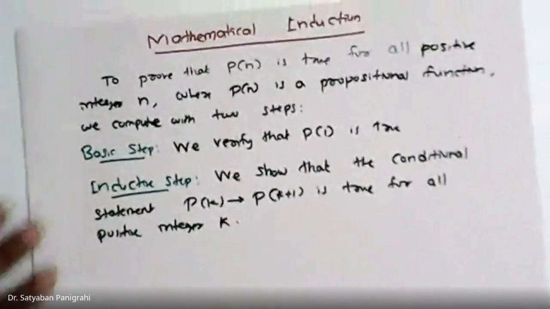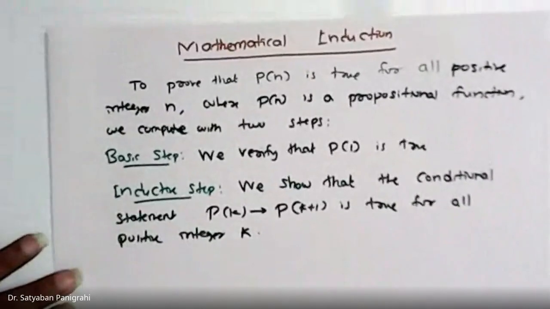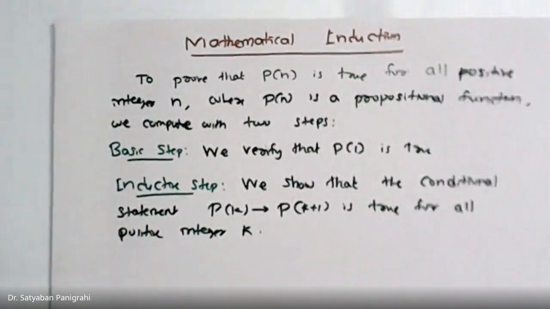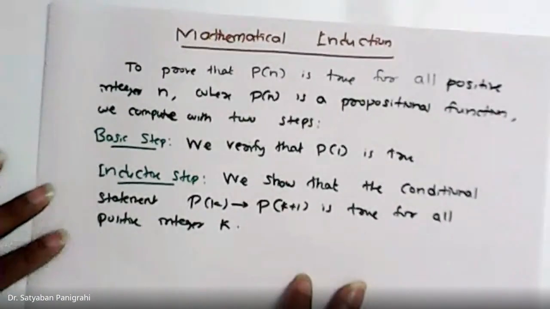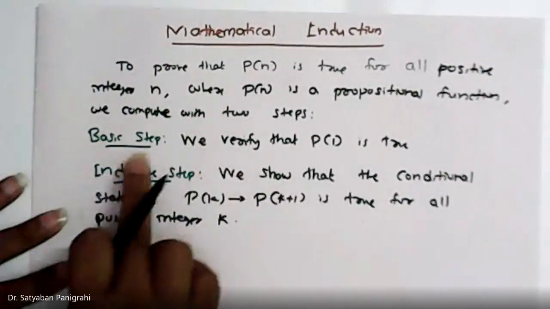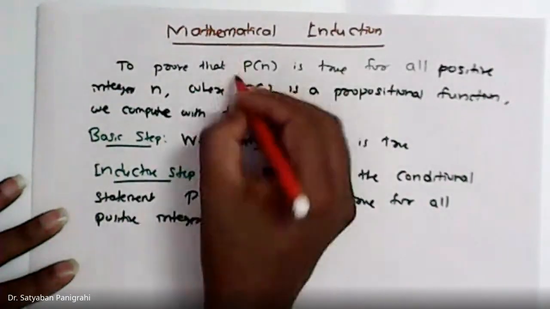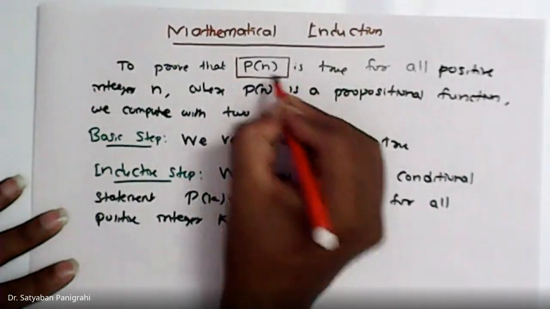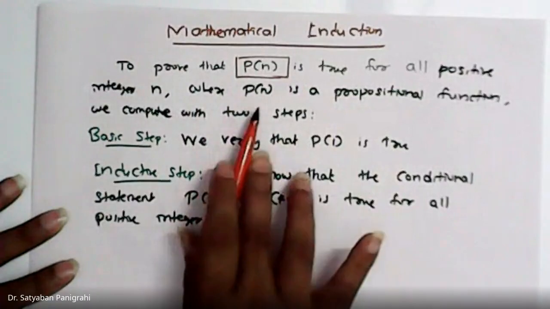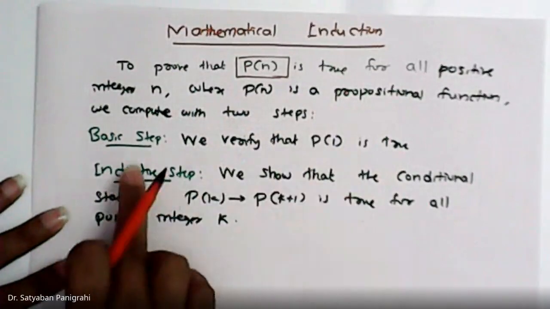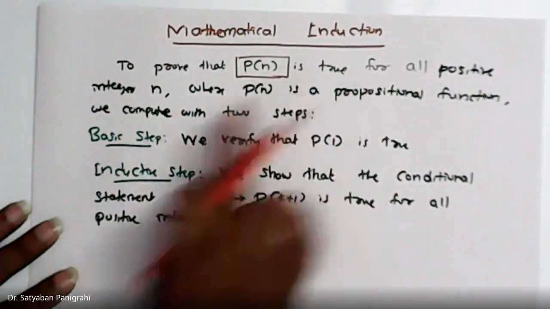Okay. Now you can see mathematical induction consists of two steps. One is basic step, another is inductive step. Here, to prove that a statement Pn is true for every value of n, the induction method has two steps.